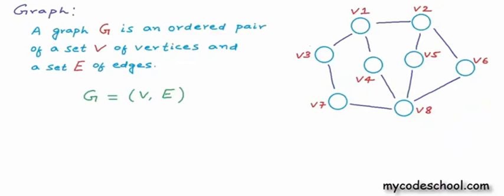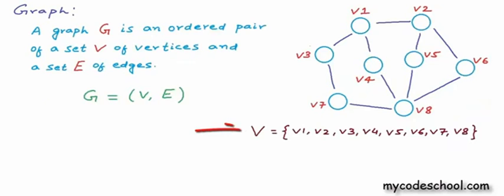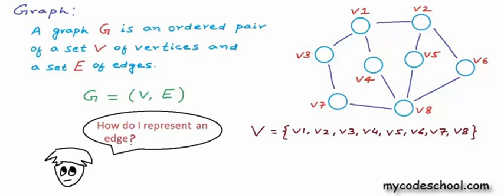So my set of vertices here is this. We have 8 elements in the set: V1, V2, V3, V4, V5, V6, V7 and V8. So this is my set of vertices for this graph. Now what's my set of edges? To answer this, we first need to know how to represent an edge. An edge is uniquely identified by its two endpoints.